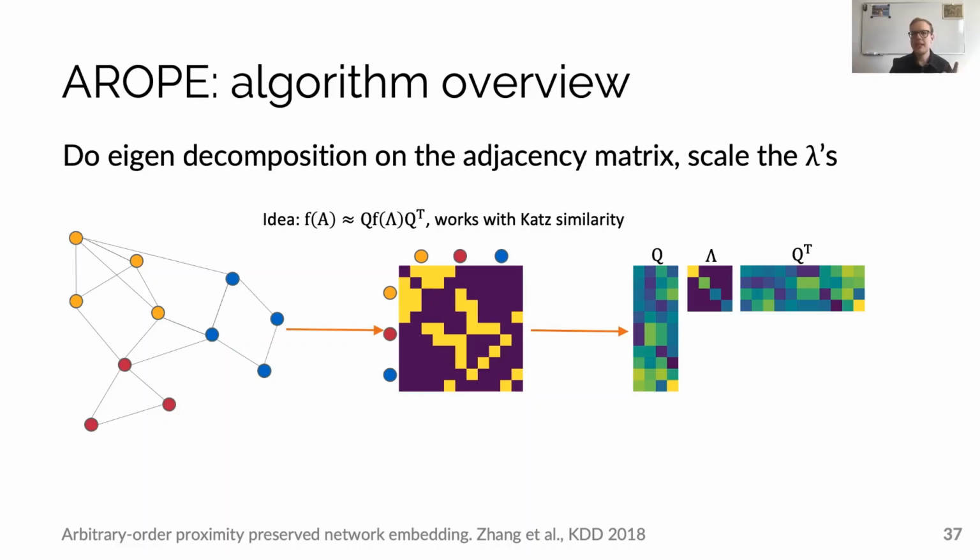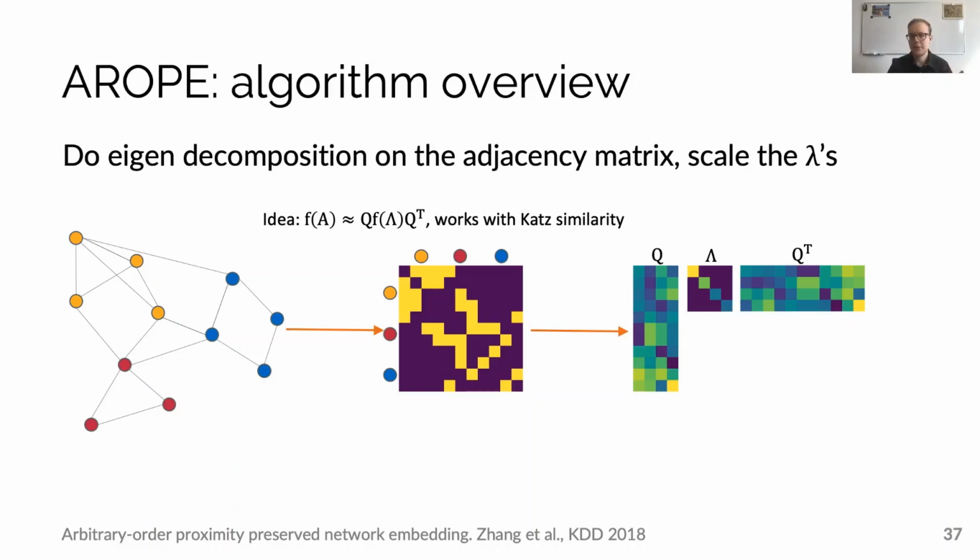And then we have the notion that if we have a function of a matrix, so for example, Katz similarity can be represented as a sort of sum of powers of the matrix, we can just apply the function to the singular value matrix of the graph.